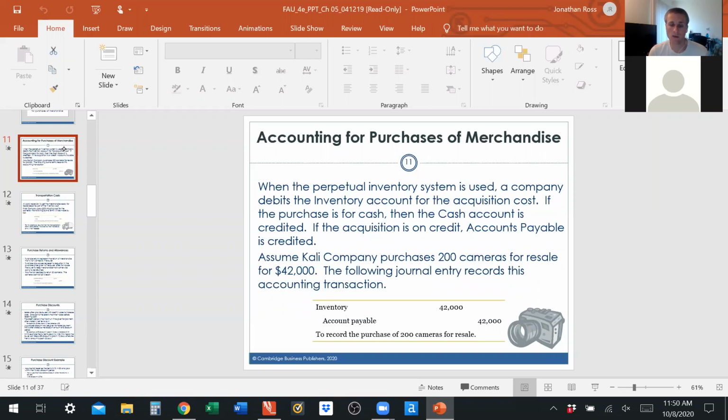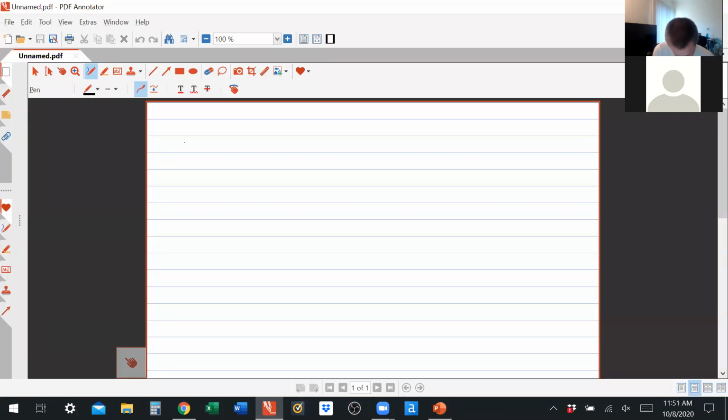So instead of debiting inventory, they would debit purchases. So this is Kaylee example from the PowerPoints, but assuming that Kaylee uses the periodic system instead of the perpetual system, which was assumed in the PowerPoints.